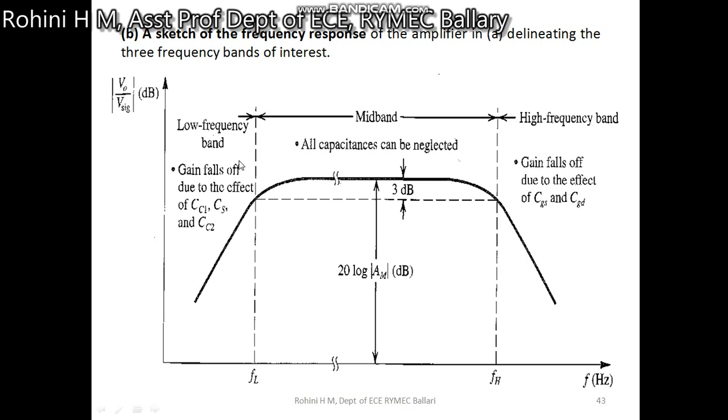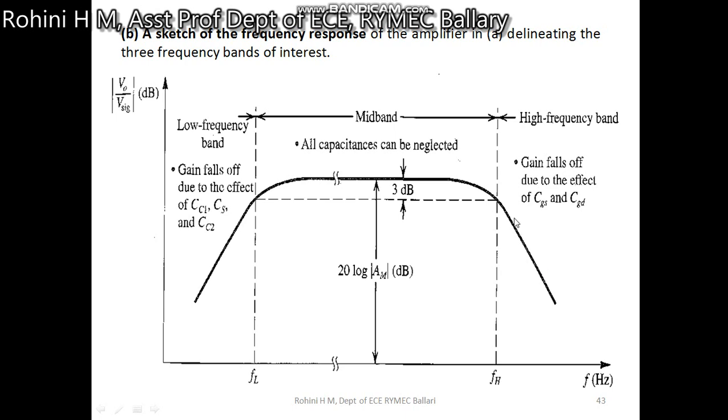As you learnt in resonance circuits in network analysis, before the center frequency XC is greater than XL, and after the center frequency XL is greater than XC. Here the capacitance effect is large, so the gain falls off due to the effect of these coupling capacitances.